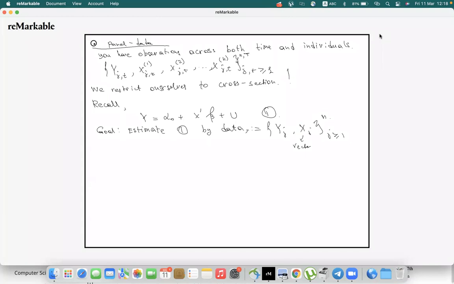So the idea is to minimize the sum of squared errors.